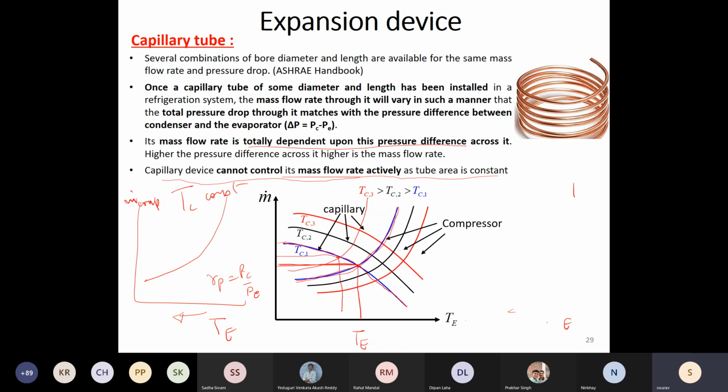So with a bigger compressor, you will have a balance at a lower evaporator temperature, which is quite intuitive, because it will be able to suck in more refrigerant from the evaporator than the previous one. So your evaporator pressures and hence the temperatures would tend to lower. But now you are seeing the graphical evidence for that.